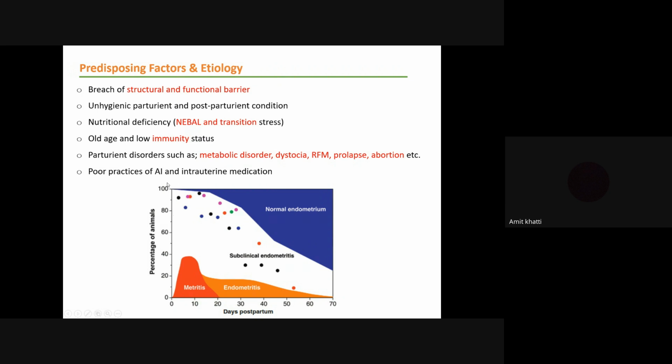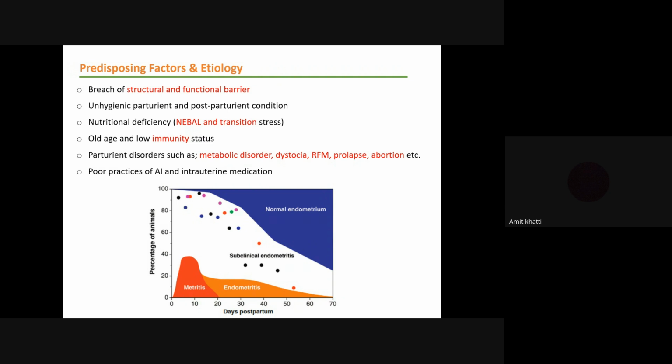Way back, it was assumed or believed that during the event of parturition the uterus is completely sterile, meaning there is no microbial contamination or microbial presence in the uterine lumen. But later on, with the advancement of experiments and science, it became evident that each and every uterus is a habitat of microbial organisms during parturition.